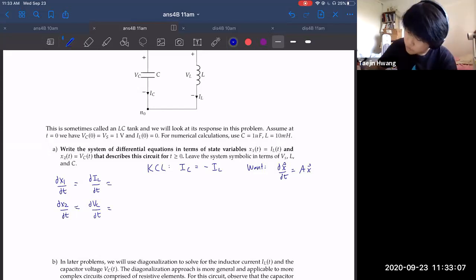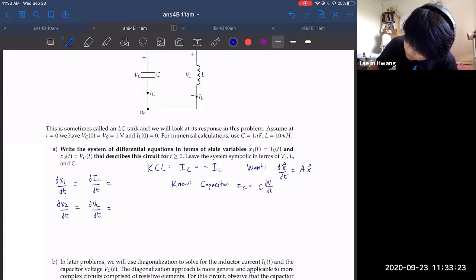For a capacitor, we know that IC is equal to C dV/dt. And for an inductor, we know that VL is equal to L di/dt.